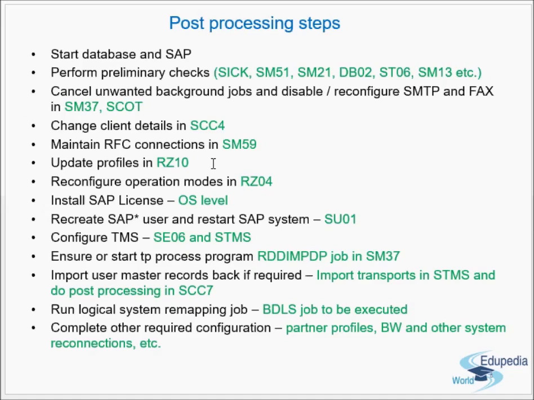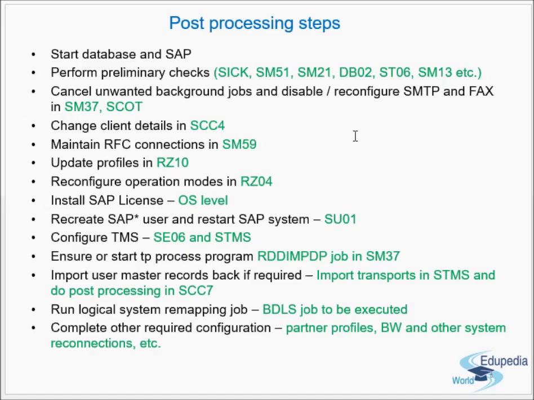I have not mentioned this point here, but all these steps you do with the SAP* user. The SAP* user is hardcoded in the kernel, and a record exists at the OS level.